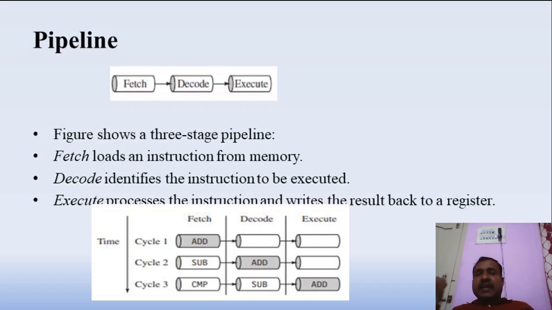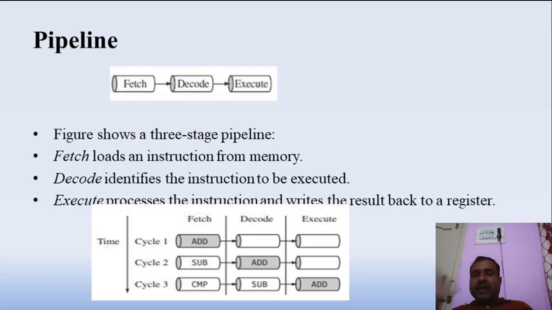In the third cycle, add will move into the execution stage. Subtract moves from fetch into the decode stage, and one more new instruction, compare, is brought into the pipeline. Once the pipeline is filled completely, it executes one instruction per cycle after that.